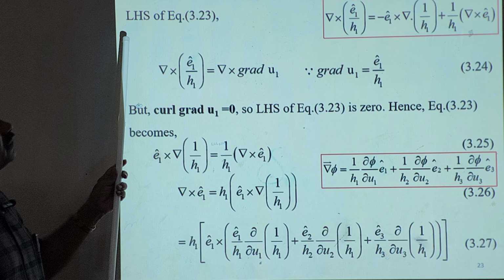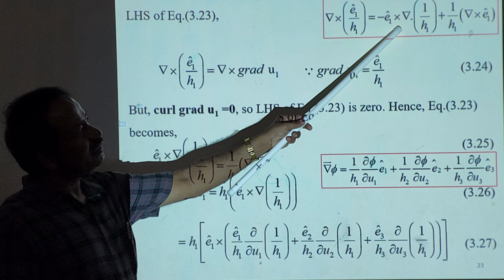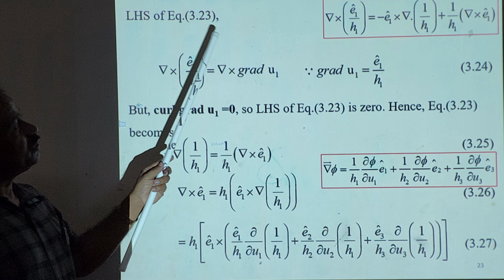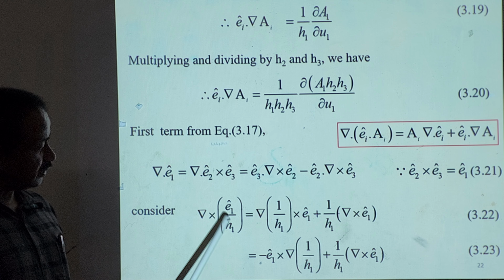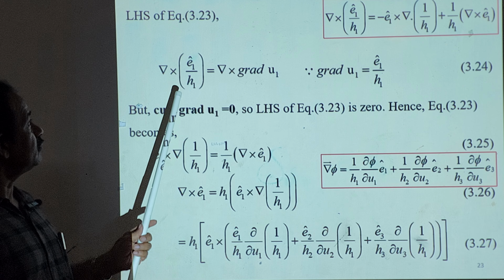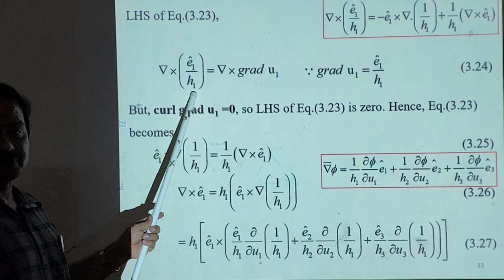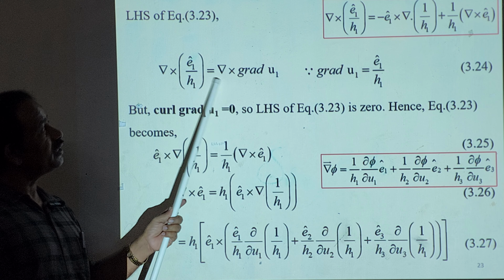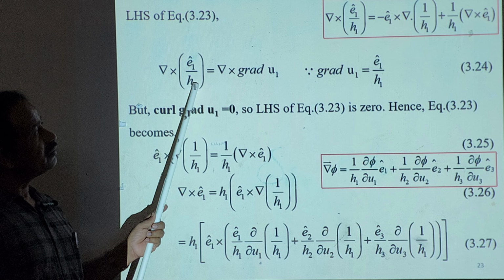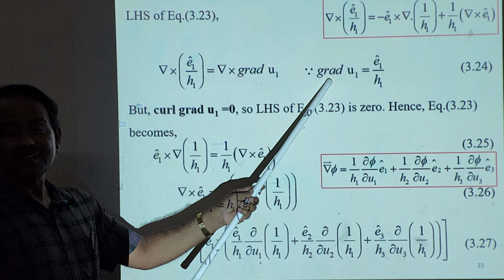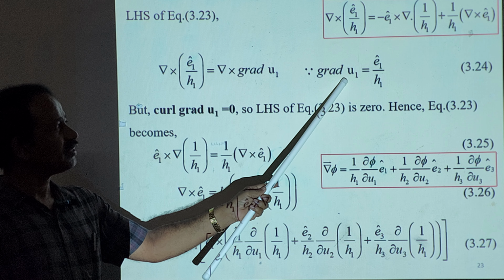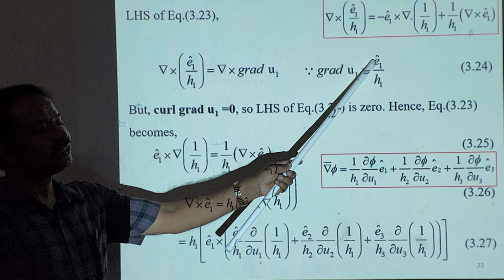So we have this. Left hand side of equation 3.23 is nothing but del cross E1 by H1. What is this one? E1 by H1 is nothing but gradient U1. Gradient U1 is nothing but E1 by H1.